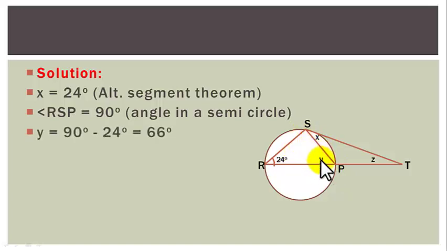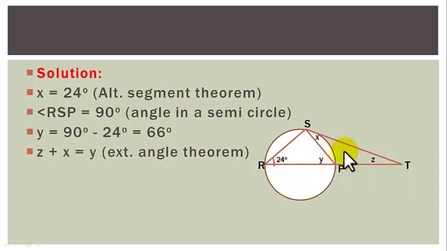Therefore, angle Y will be equal to 90 minus 24. If this angle is 90 and this angle is 24, then in triangle SRP, this angle Y will be equal to 90 minus 24, which is equal to 66 degrees. But angle Y is the exterior angle of this triangle.